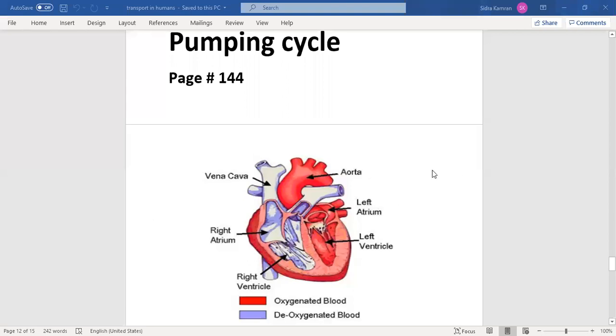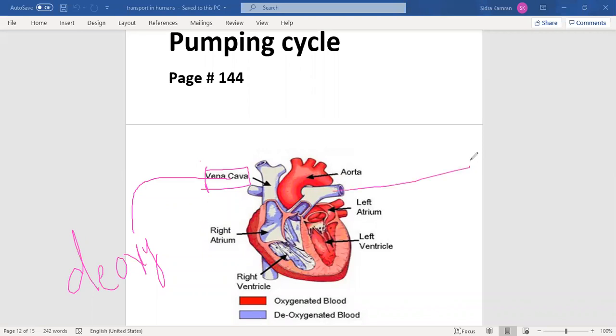Well, as we know, the deoxygenated blood from the whole body enters into the right atrium through the vena cava. Then it will move towards the right ventricle.